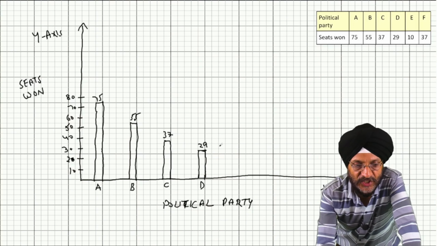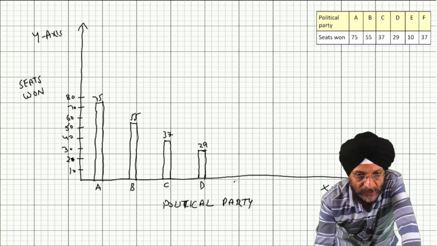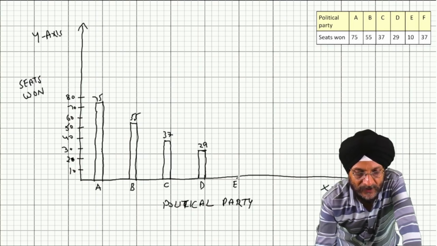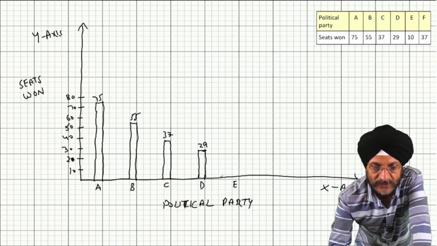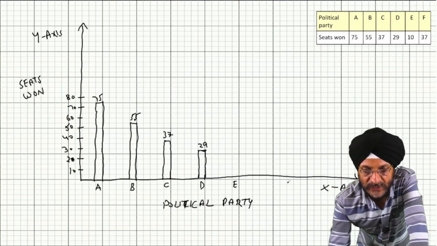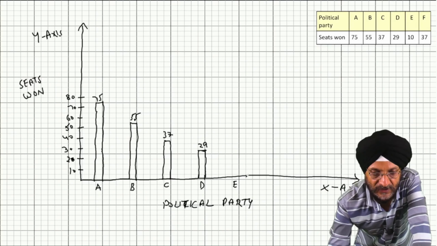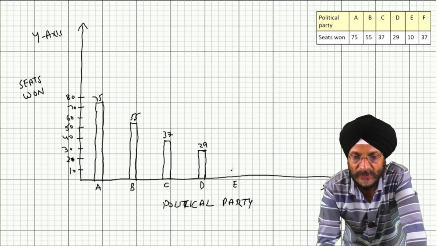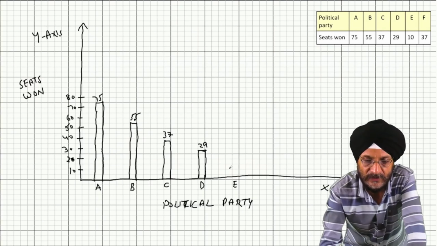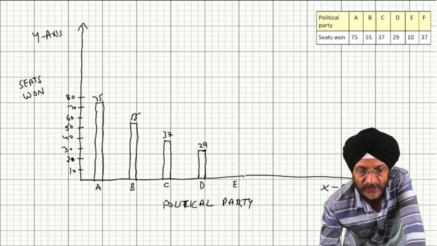Now the next is E. E political party. Here we have taken the line somewhat above. Please keep the line straight while you are attempting the question in the exam. E is 10.